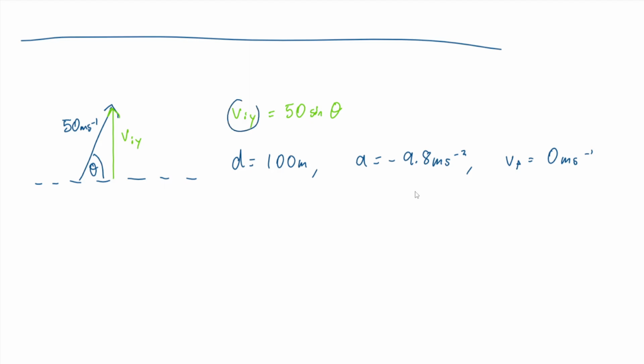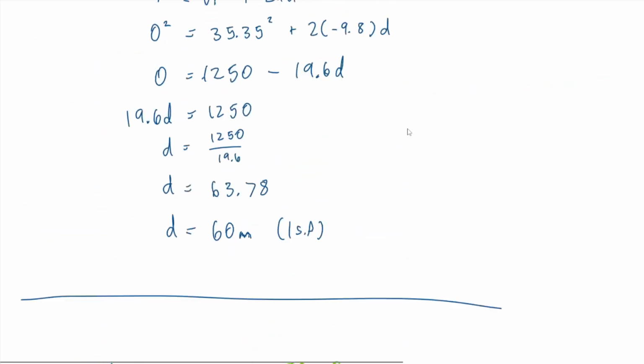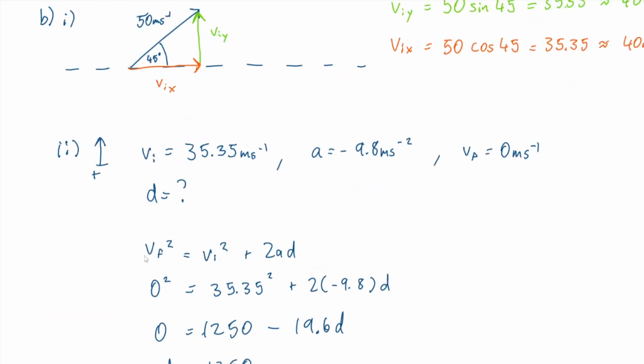Actually, we're looking for Viy so that we can then solve for theta. So we're looking for the initial velocity. So 3 knowns, 1 unknown. Let's pick our equation. It actually looks like the last one we used.